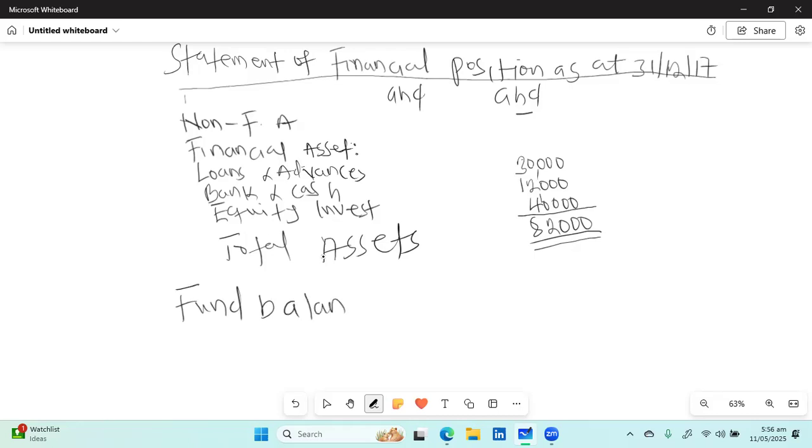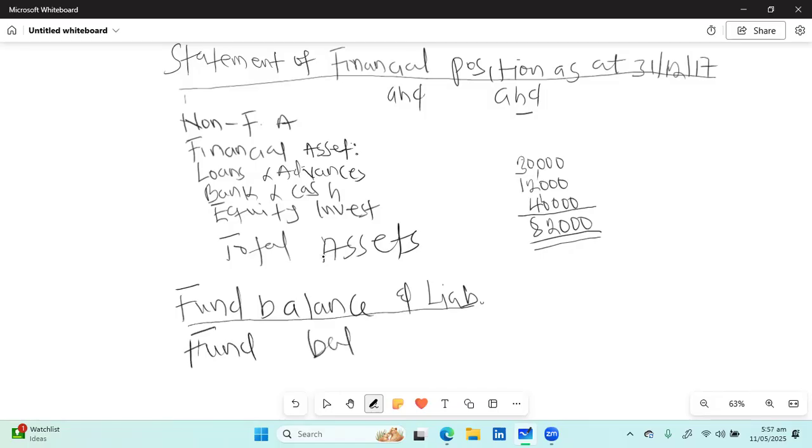Fund balances and liabilities. The first one will be the fund balance, the one we opened the T account for.